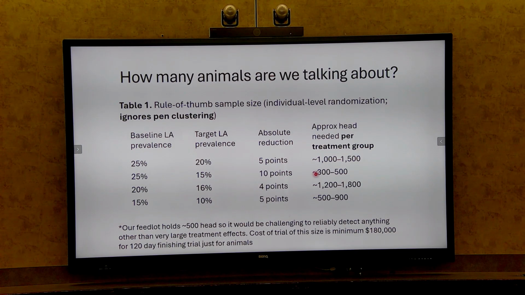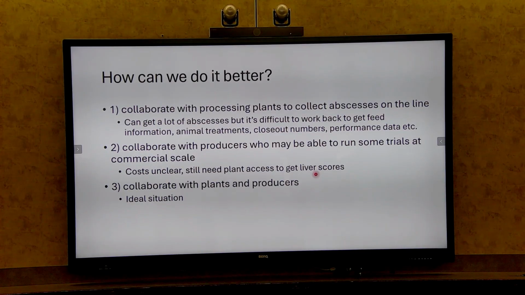But for things like the yeast extracts and direct-fed microbials and all these other products that are being sold, they may have an effect, but maybe that effect is smaller. So depending on your experimental design, some studies will find significant improvements, other studies may not. And I think my main point here is that we need to do it better.